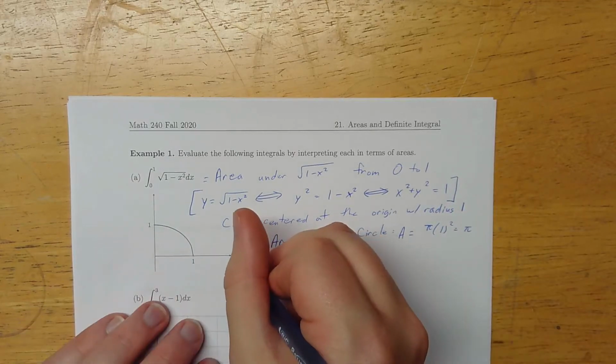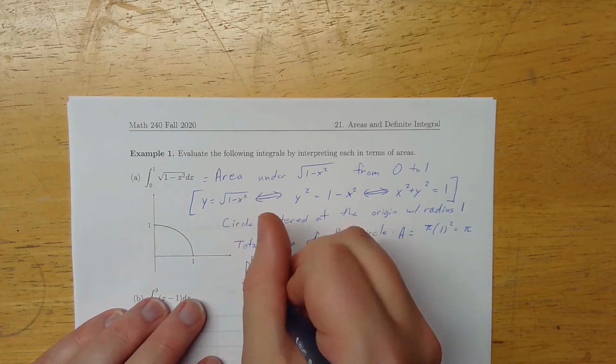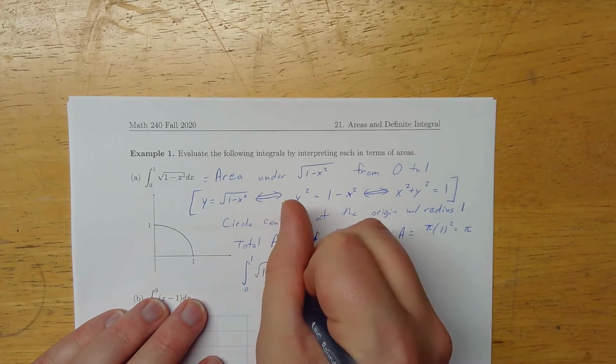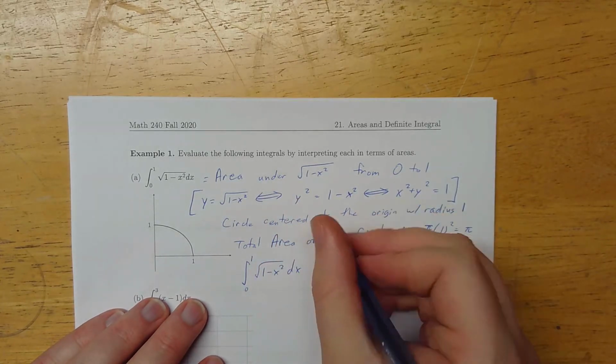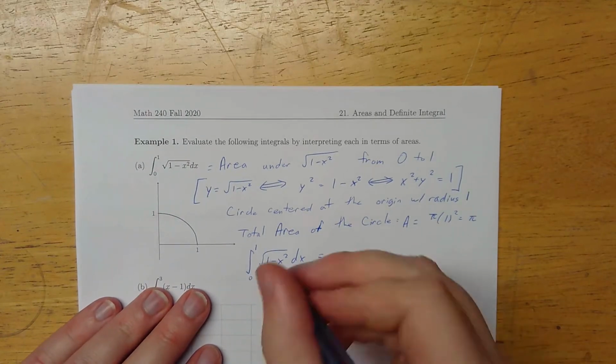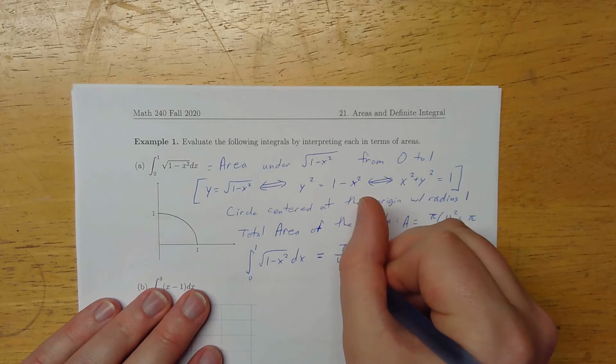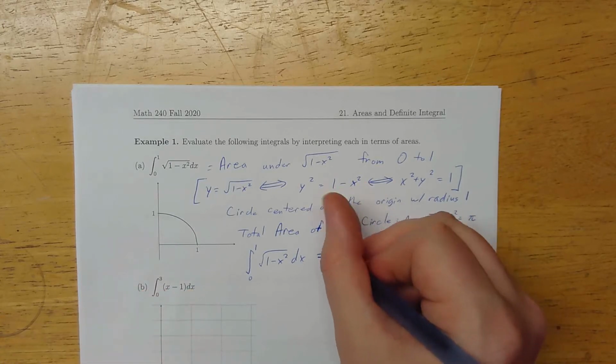So that means that for us, we're looking at the integral from 0 to 1 of the square root of 1 minus x squared dx. We're really only looking at a quarter of the circle. So it stands to reason this would be a quarter of the area. So this would just be pi over 4.